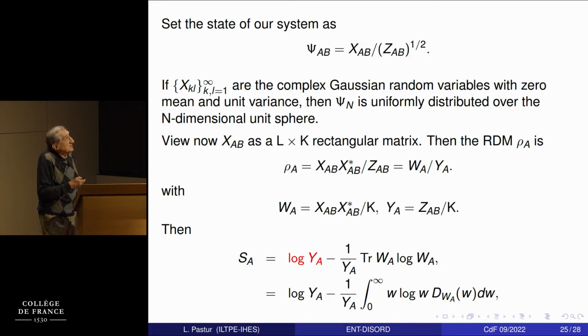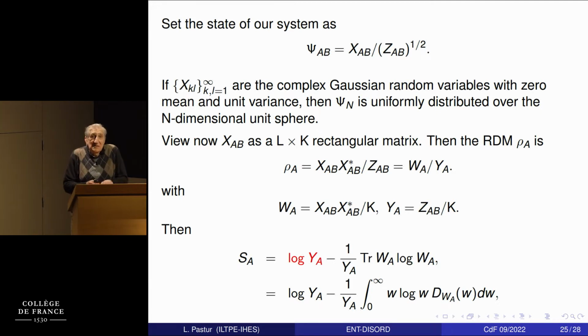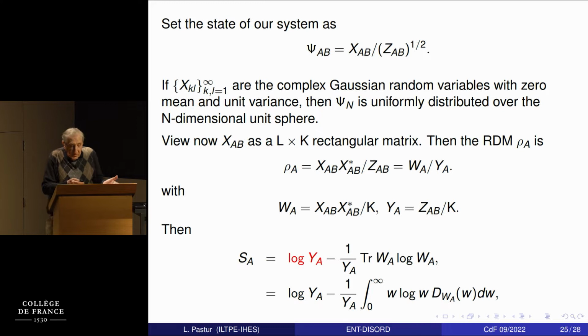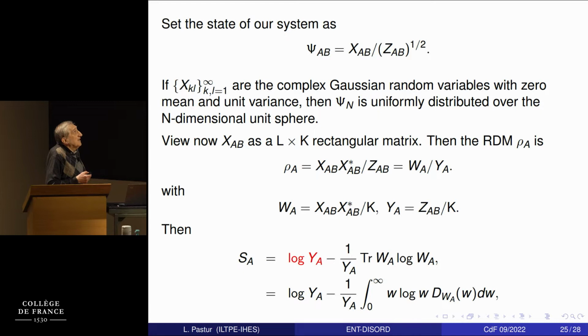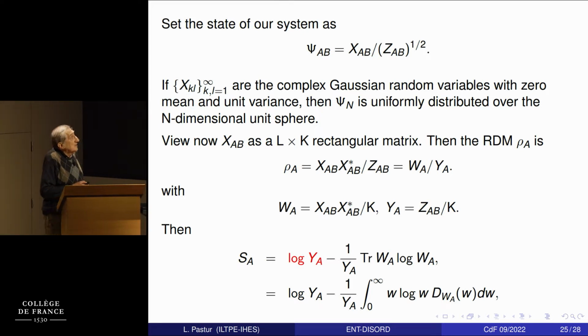Because of normalization, now it's a vector over the unit sphere, but it is uniformly distributed only if all these variables are Gaussian identically distributed. It is easy to show that if you have Gaussian random variables normalized, as I showed before, then this vector is uniformly distributed over the sphere. But in general, it could be not. So we have a bit more general situation.